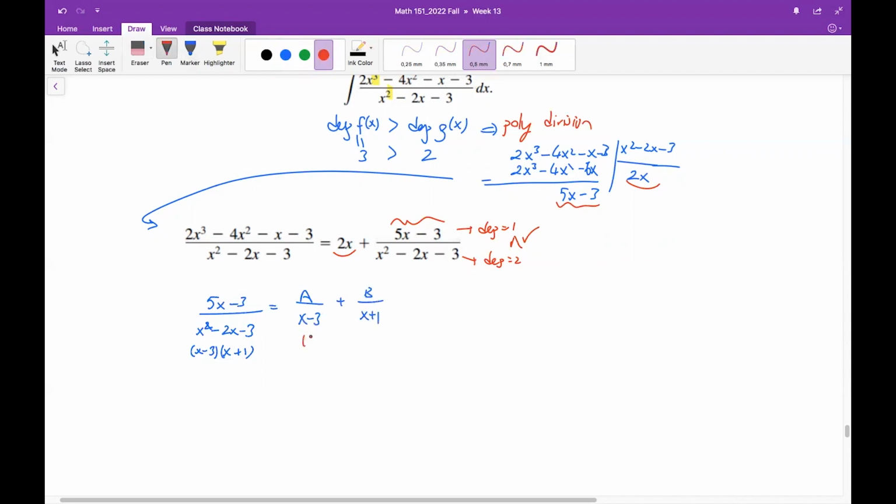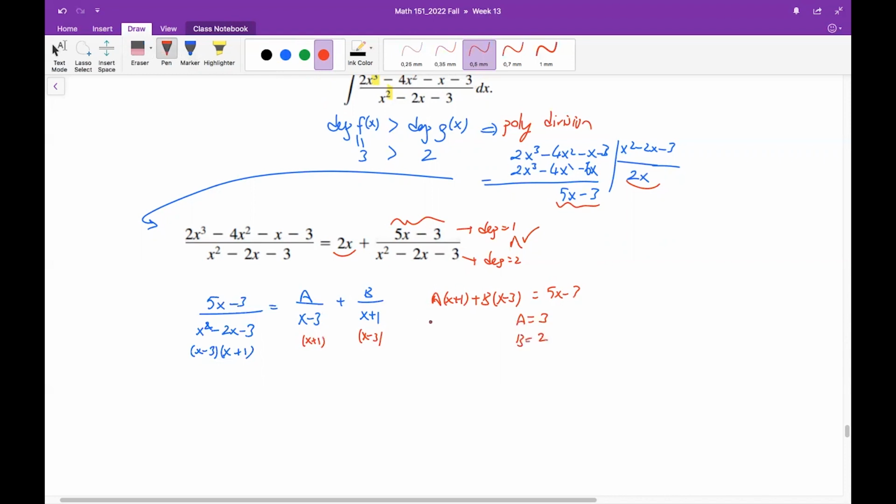And if you do these expansions and multiply like that, you can easily solve for a and b. So from here, a is solved as 3 and b is solved as 2.